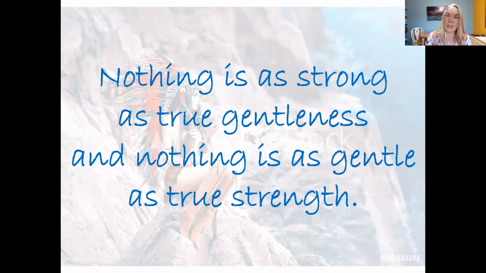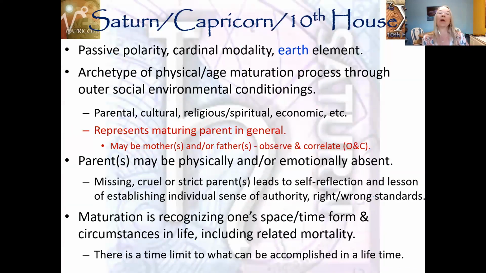So let us take a moment now and look at this archetype of Saturn, Capricorn in the 10th house. This is the passive polarity, cardinal modality, and the earth element, which is dealing with that physical world. So this is the archetype of our physical and age maturation process through all of our outer social, environmental conditionings.